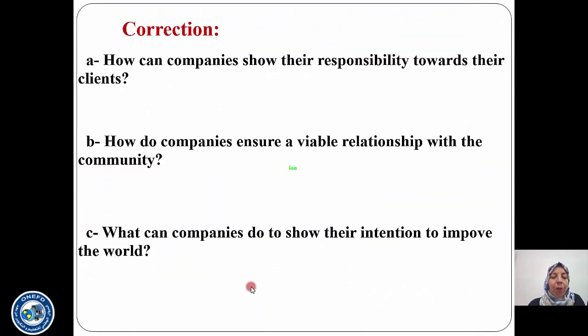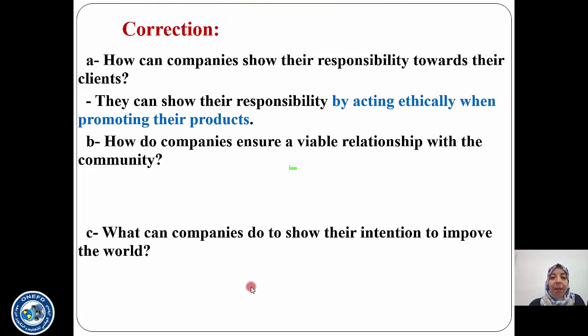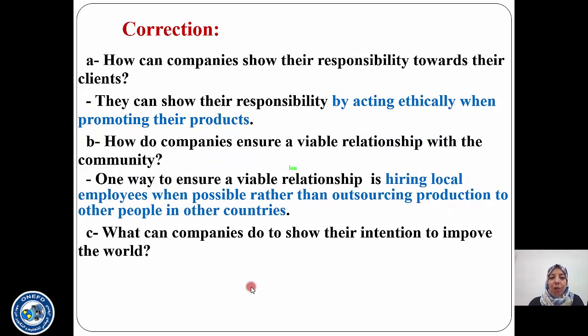So for the first one, they can show their responsibility towards their clients by acting ethically when promoting their products. So concerning the viable relationship with the community, one way to ensure it is by hiring local employees when possible, rather than outsourcing production to other people in other countries.